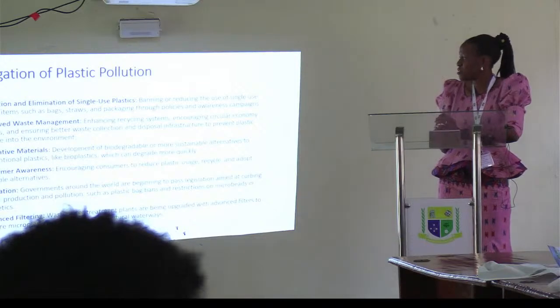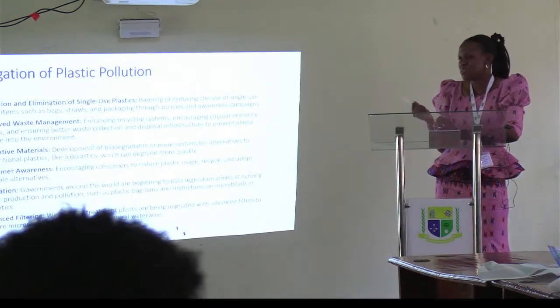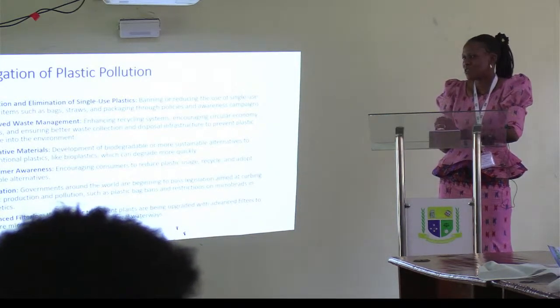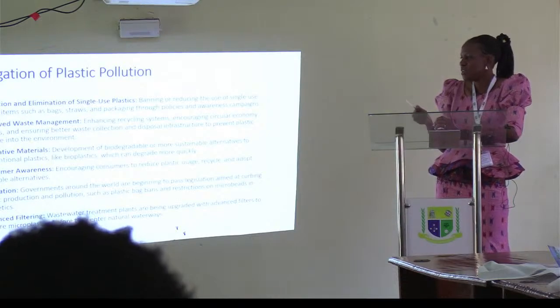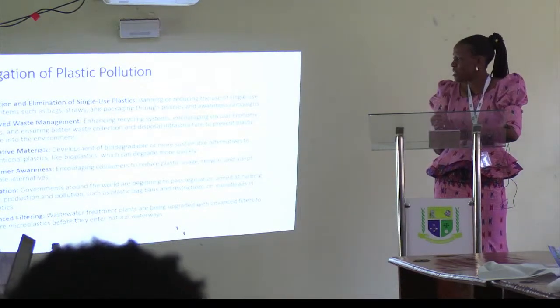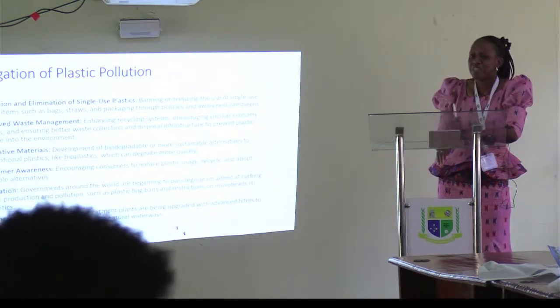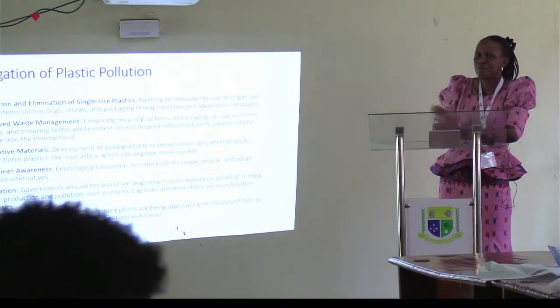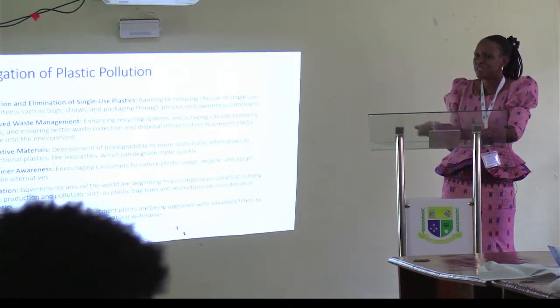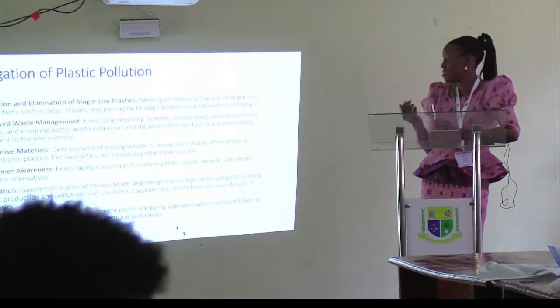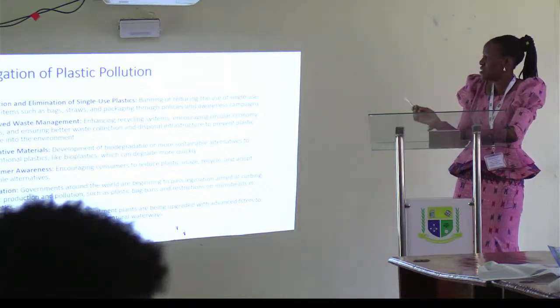First of all, we reduce and eliminate single-use plastic. If you're drinking a soda, you don't need to drink the soda from a plastic bottle. Clean the bottle properly, and then you take your soda. That is, of course, how we shall have reduced.